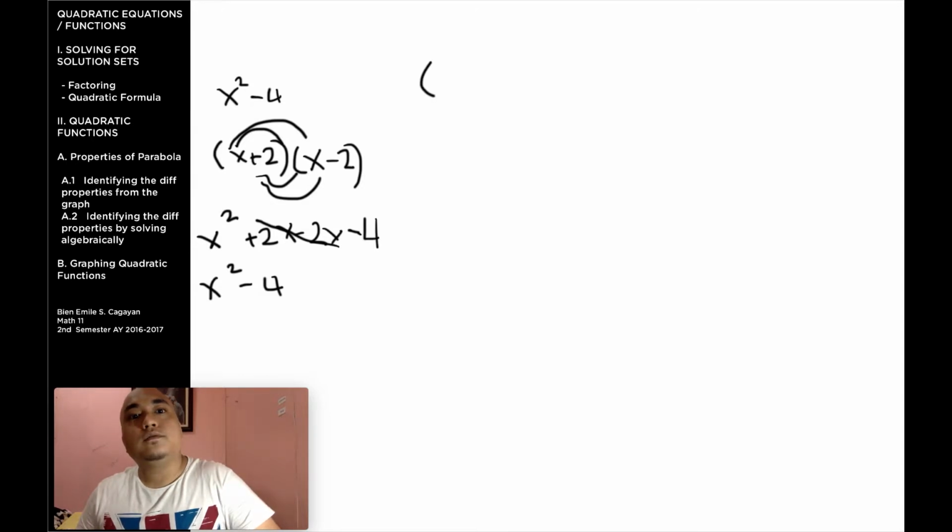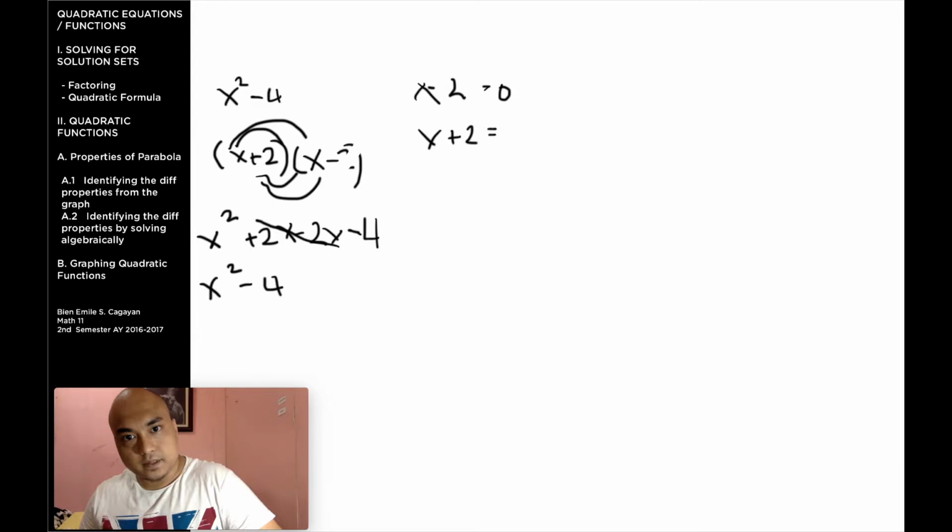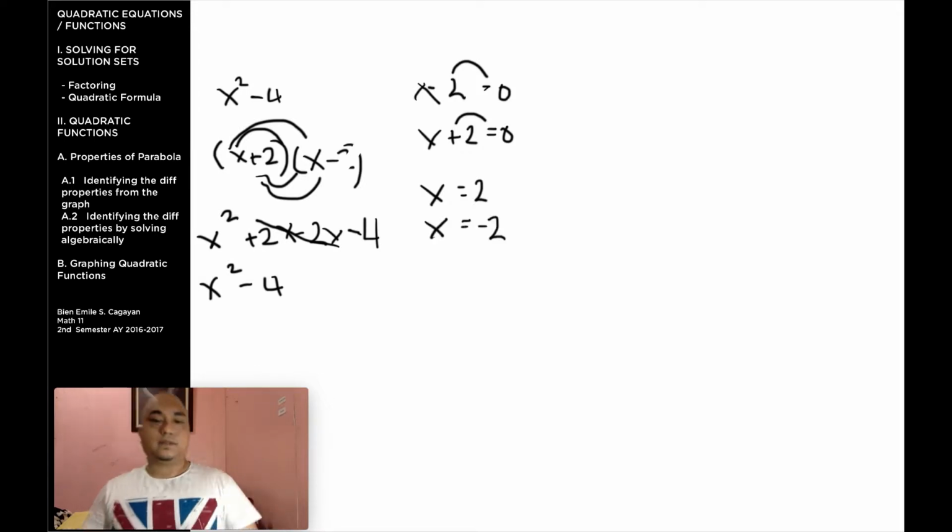Now we have to equate both factors to 0. So x minus 2 equals 0 and x plus 2 equals 0. Just transpose them, and we have two x's: x equals 2, x equals negative 2.